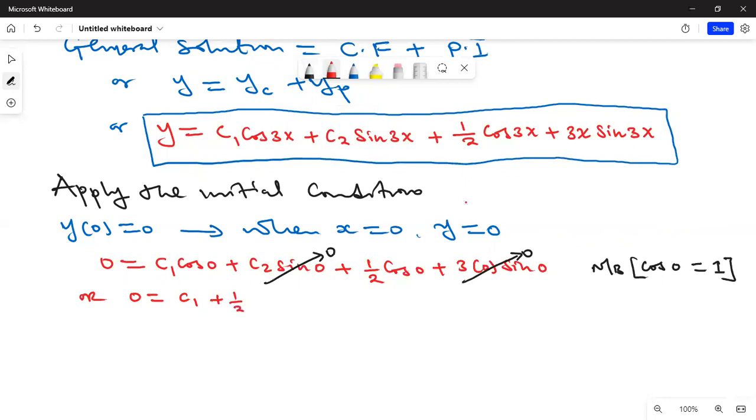So therefore, what is our C1? So this means that our C1 is equal to negative 1 over 2.